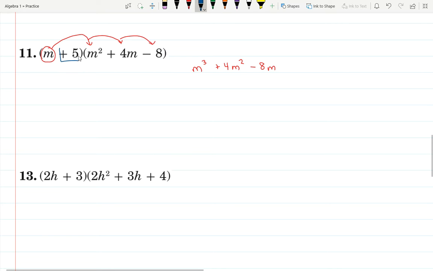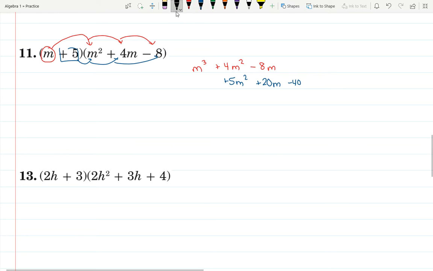Then we have our 5 being multiplied by all of these as well. So 5 times m squared is a positive 5m squared. 5 times 4m is a positive 20m. And notice how I'm lining things up here. 5 times negative 8 is a negative 40.